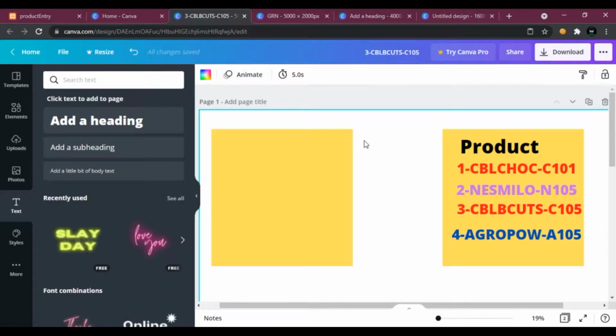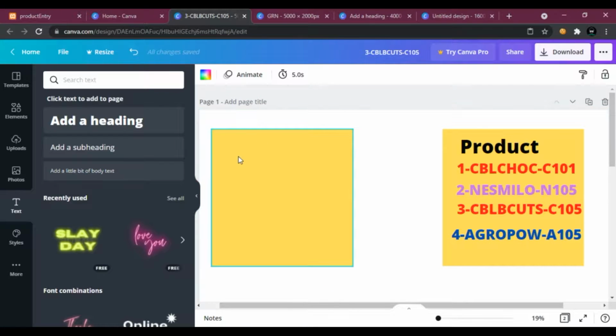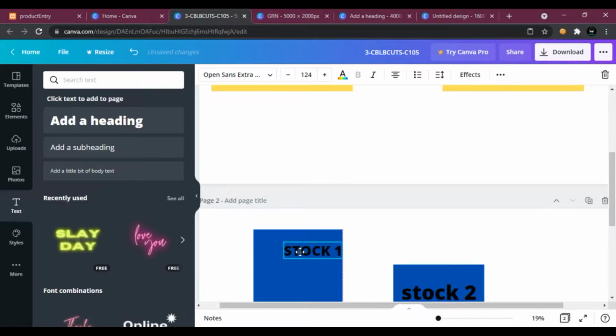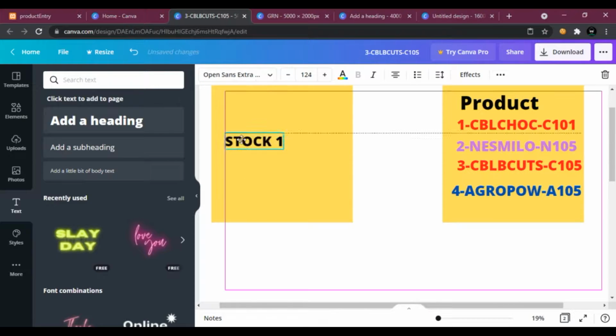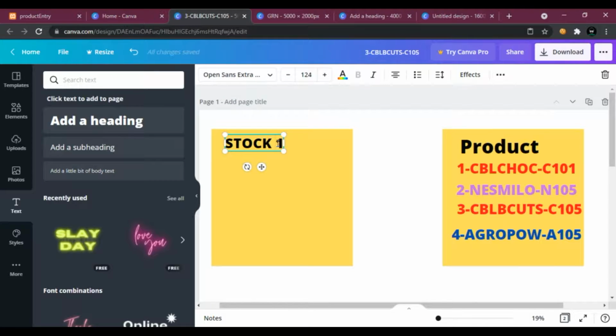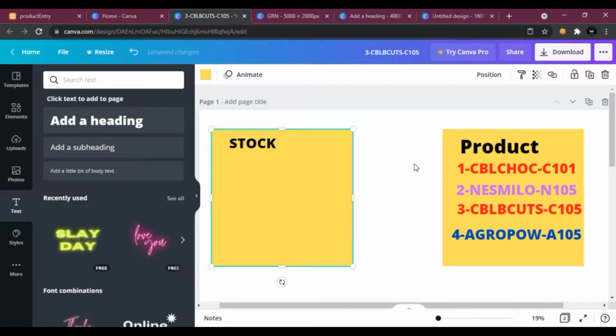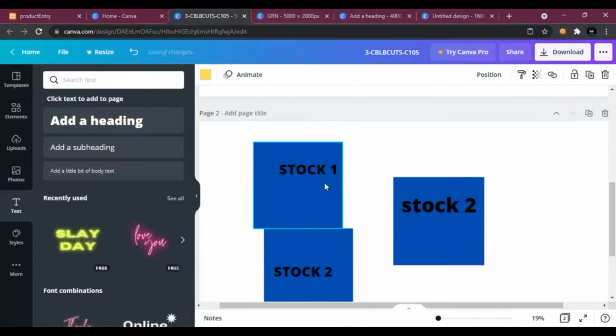So how are we gonna figure out the product and the stock relationship? Let me demonstrate it real quick. So there is stock 1, right? There is a stock 2, there is stock 3.